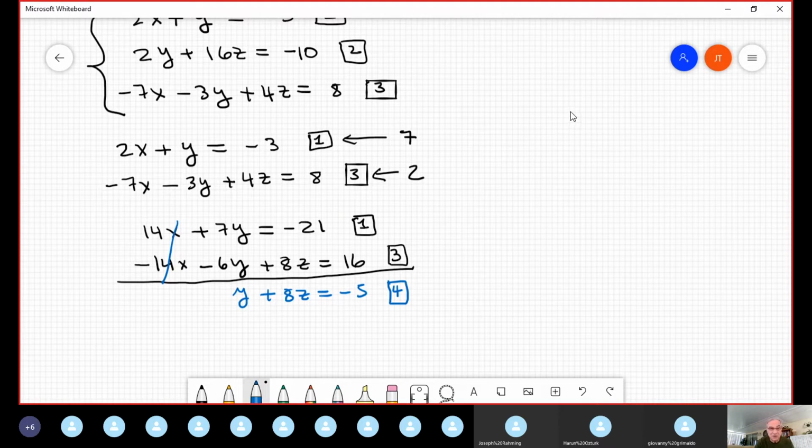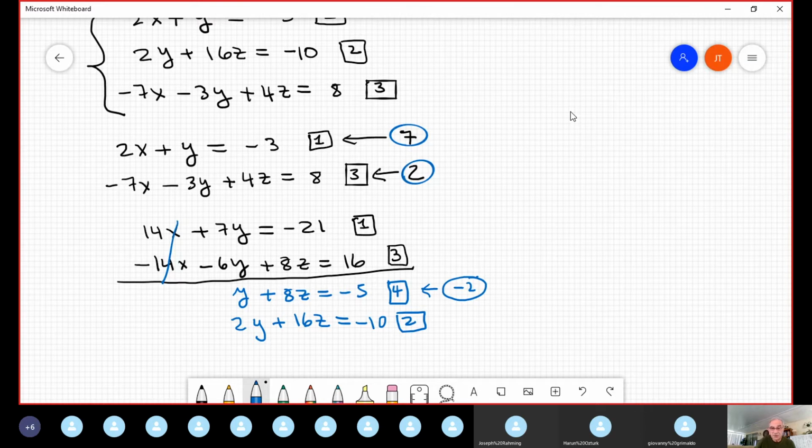This is easier. 2y plus 16z equals -10, and this is my equation 2, remember. I try to manipulate: suppose I multiply equation 4 by -2. This is a multiplier.